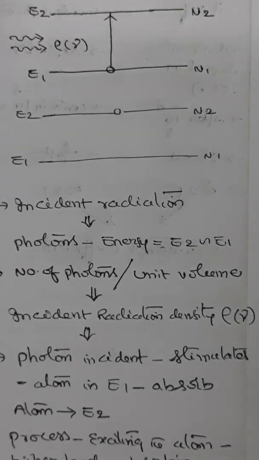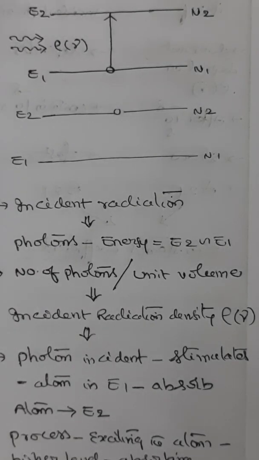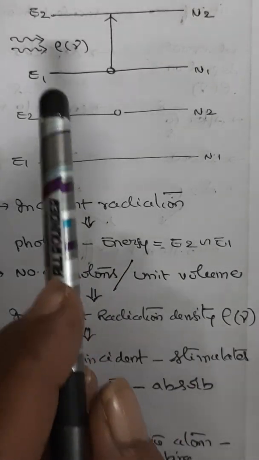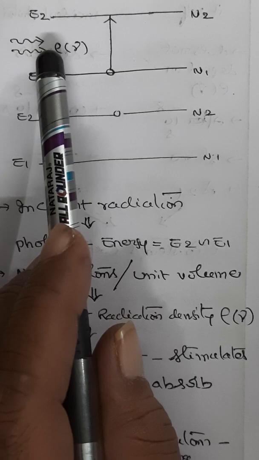I am quickly recapping. The incident radiation consists of photons of energy equal to the energy difference between the levels E1 and E2. So the number of photons per unit volume of incident radiation is what is known as incident radiation density rho nu.